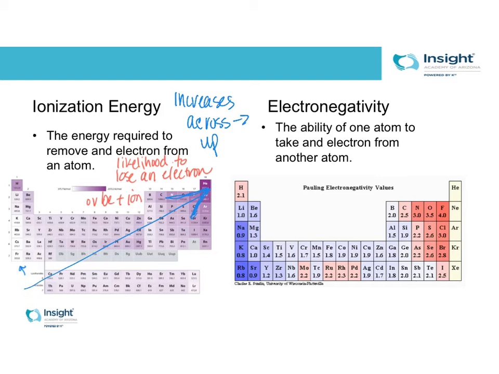Electronegativity is the ability of one atom to take an electron from another. So this is the likelihood of gaining electrons, or becoming negative.